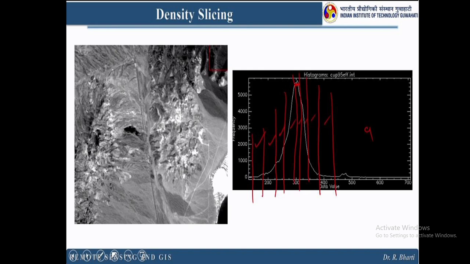The highest value is 500 plus, and the lowest value is at 700. This histogram has several parts.